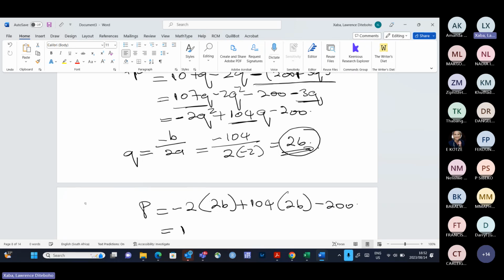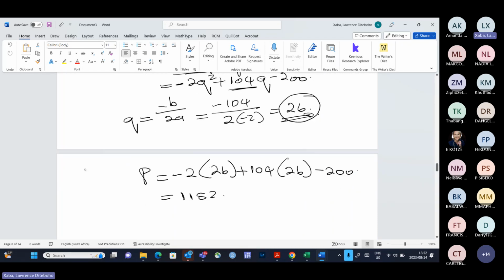Then we simplify it, then we have 1,152. So that is our value, which is our profit.